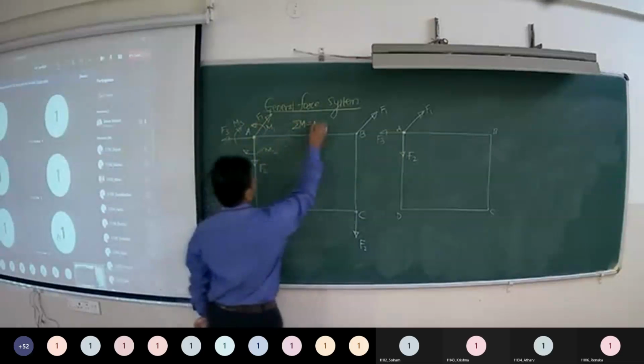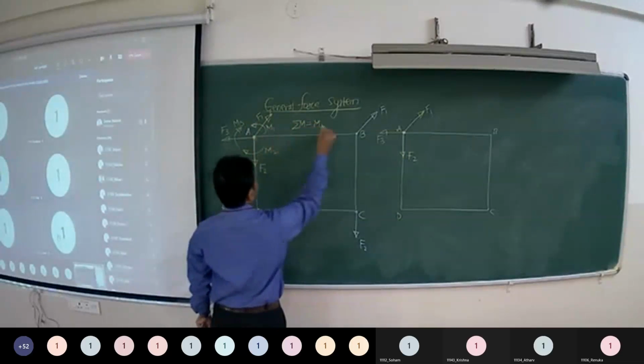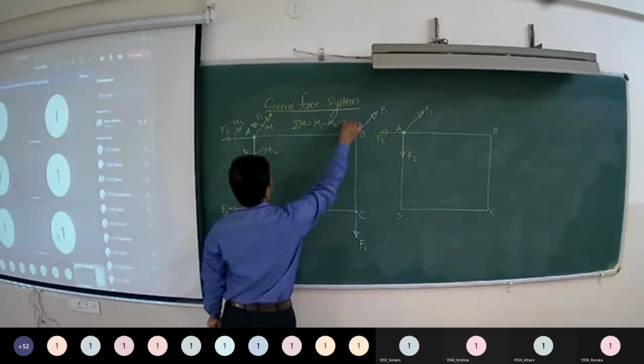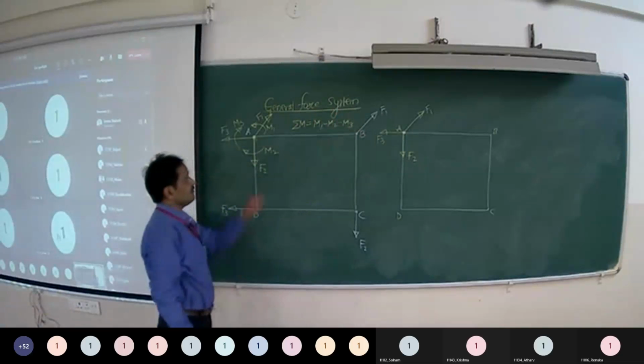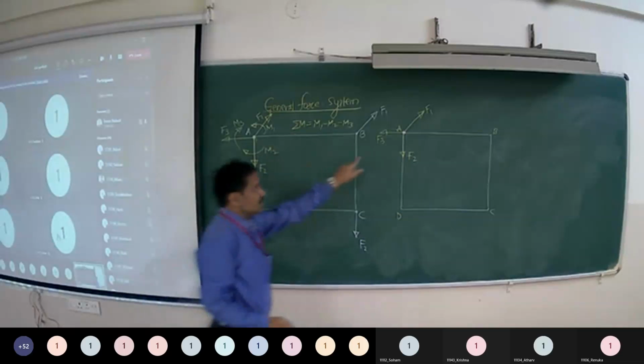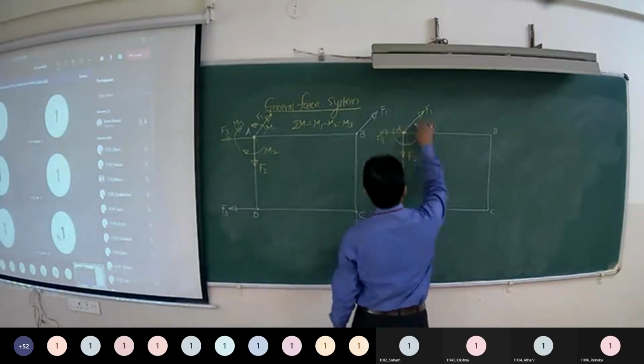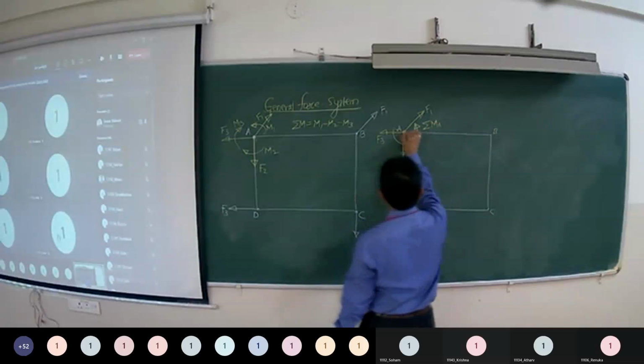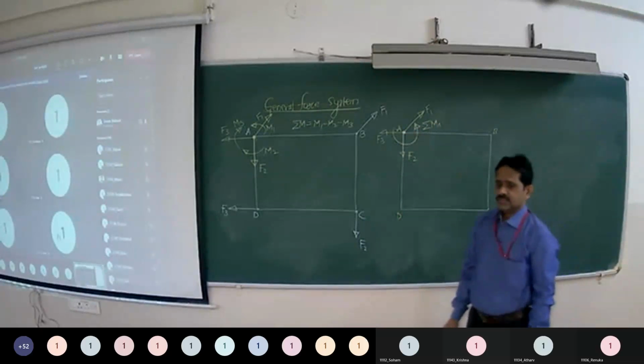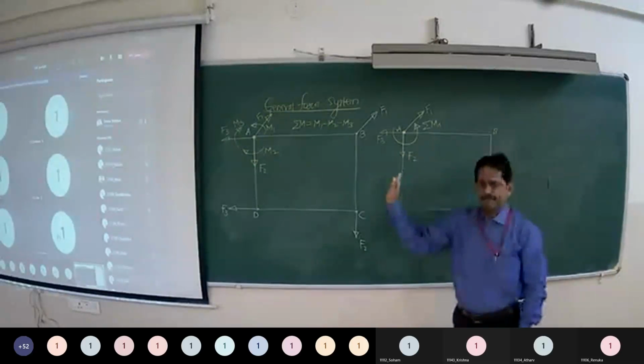If it is anti-clockwise, positive, clockwise, negative: M1 minus M2 minus M3. So at A, you have a resultant moment, summation MA. Is it clear?